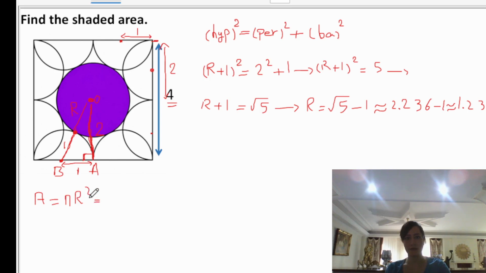And I substitute the value of pi. I put 3.14 times, what's my r here? 1.236, so 1.236 to the power of 2.